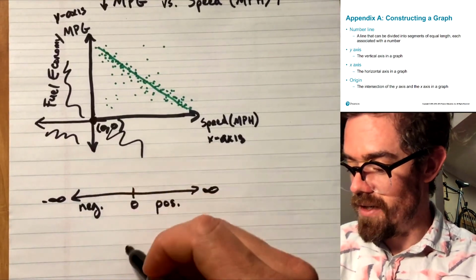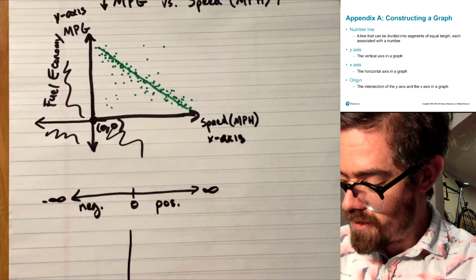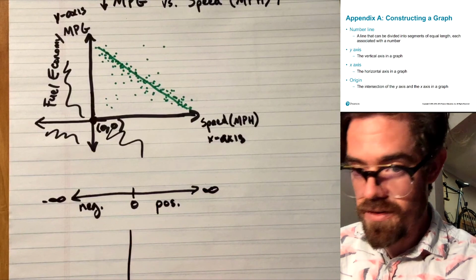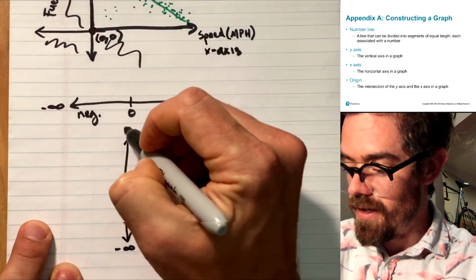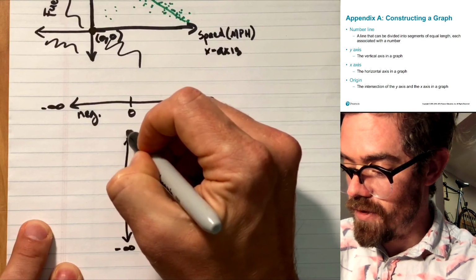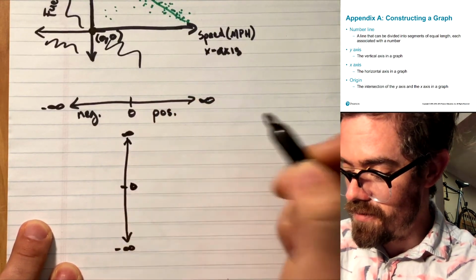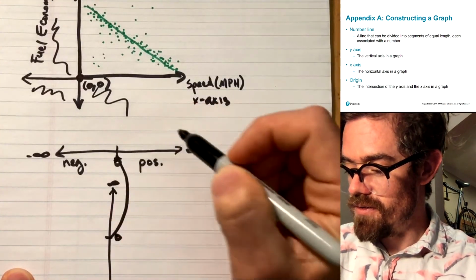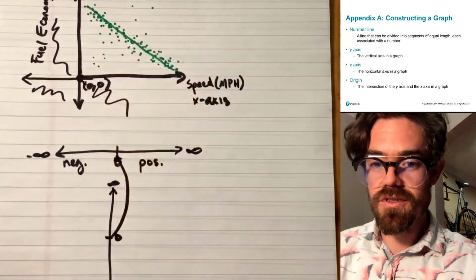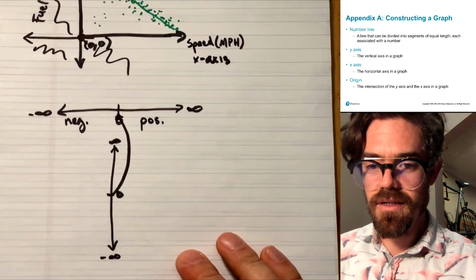We can also make it vertical, in which case the lowest point is negative infinity. The highest point on the number line is positive infinity. And right in the middle is 0, right? And then we put these two things together, connect 0, 0, and that's where the origin is coming from, right? So there you go.